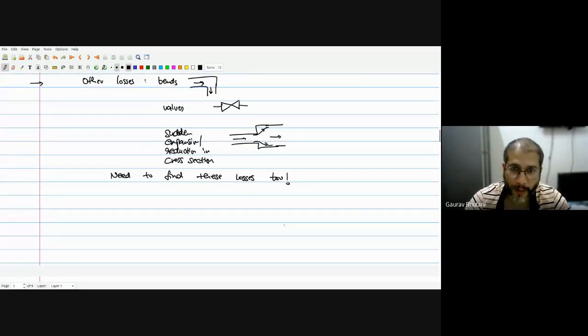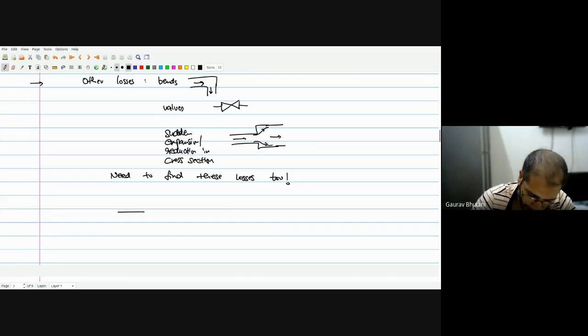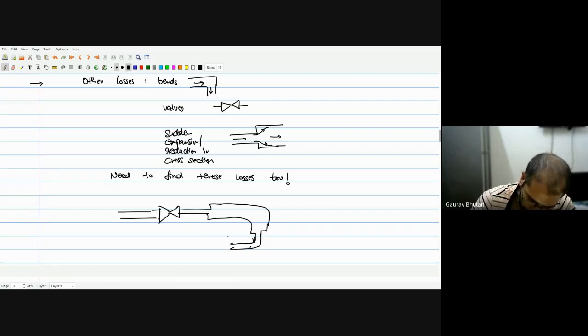And finally, once we have estimated all the losses, we'll have to solve the problems. So we'll typically have problems where you have a pipeline, then you have a valve, the pipeline diameter may be increasing and then decreasing again for some reason, and then finally you will want to have a pump to transport this.